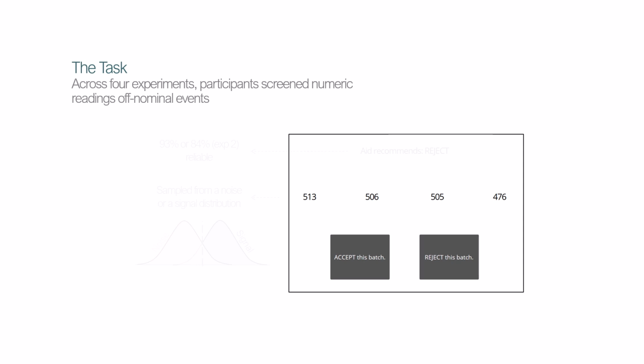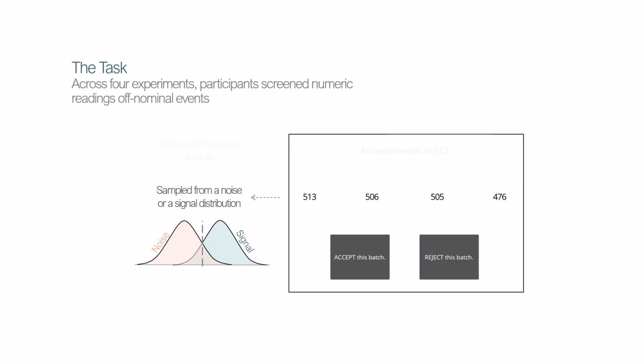Each trial, these readings were being sampled from either a noise or a signal distribution corresponding to uncontaminated or contaminated events. And because there was some overlap between these distributions, some signal events could produce readings below 500 and vice versa for noise events. So we told participants some errors were unavoidable.